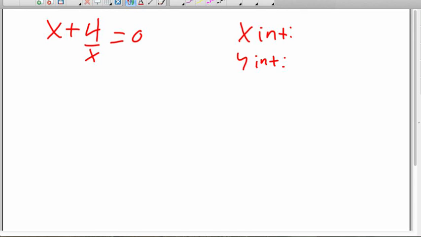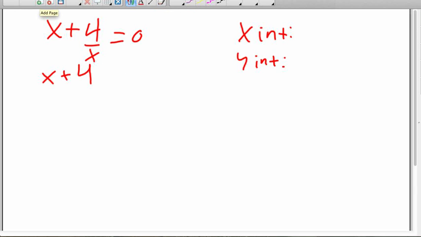To get rid of the x out of the denominator, you multiply the equation by x.